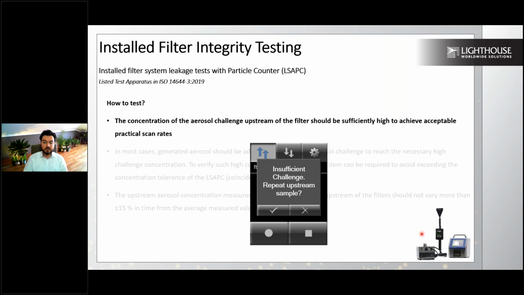That's why ScanAir Pro comes with a smart interface which takes an upstream challenge and tells you if this is insufficient, if you need to increase your upstream challenge through your aerosol generator. It asks you to repeat the upstream sample.